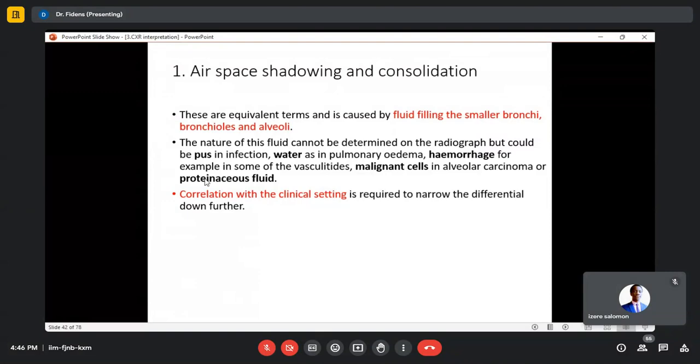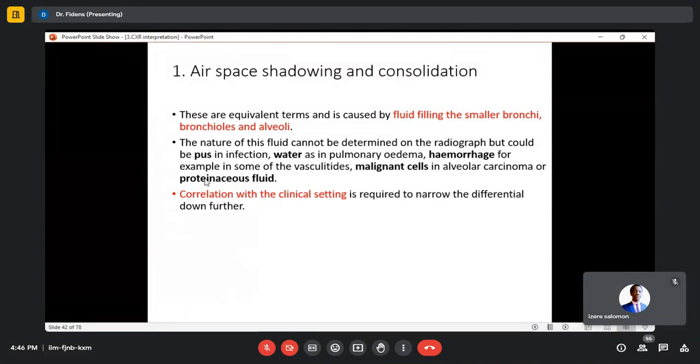That's what I was talking about, but it could be pus, infection, could be water as in pulmonary edema, could be hemorrhage, for example, in some of the vasculitis, could be malignant cells in alveolar carcinoma, or proteinaceous fluid.